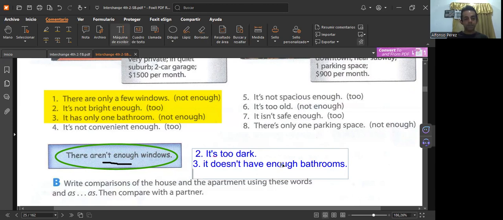Number 4, it's not convenient enough. So they give me the word too, and I say it's too inconvenient.